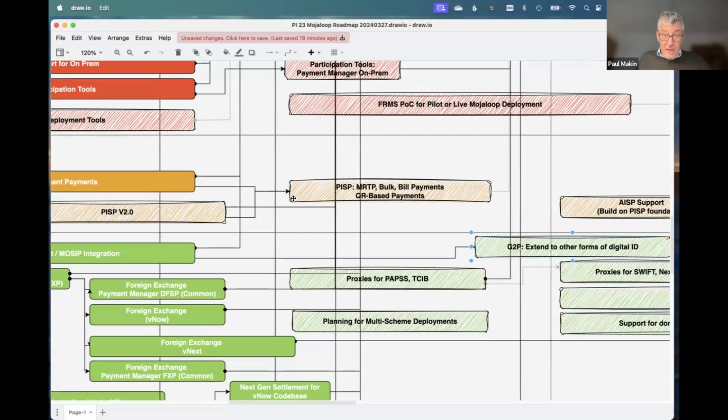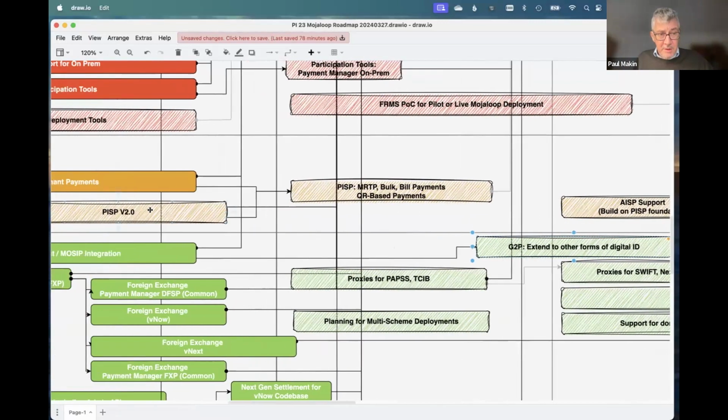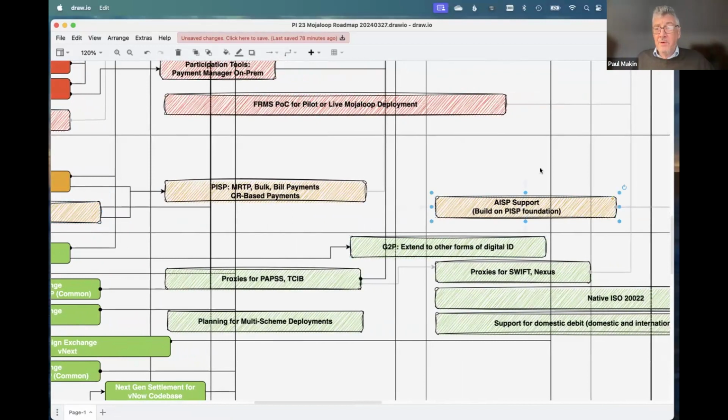I should also have highlighted in Pillar 2 that the work that's been done on PISP, taking it to version 2.0, is actually taking us a long way towards being able to support AISP. Payment geeks in the room will know that AISP is of particular interest to fintechs.